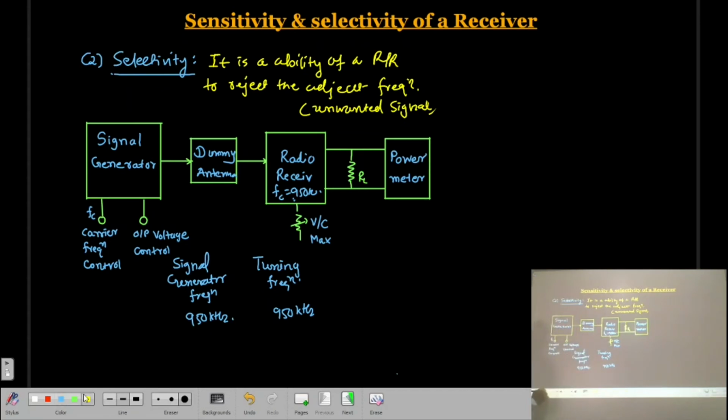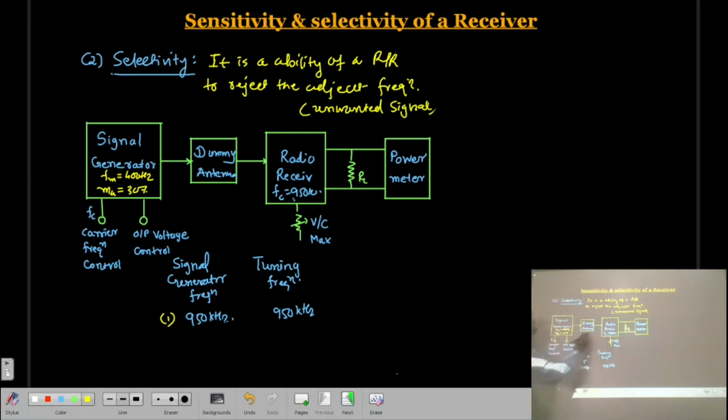Again, whatever signal we apply from the signal generator, the modulating frequency must be 400 hertz, the modulation index is 30%, and my signal frequency is 950 kilohertz.